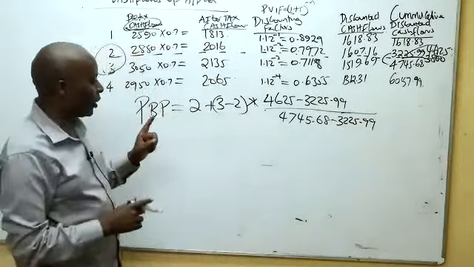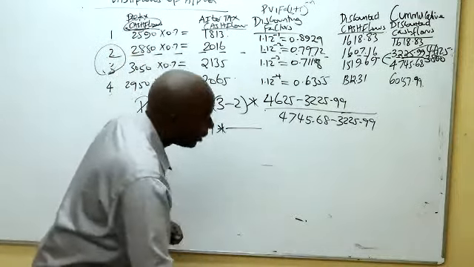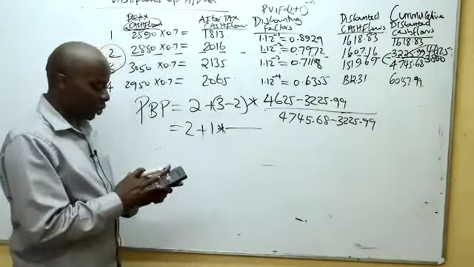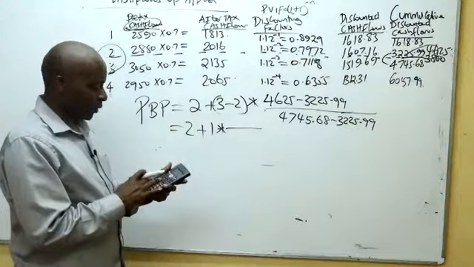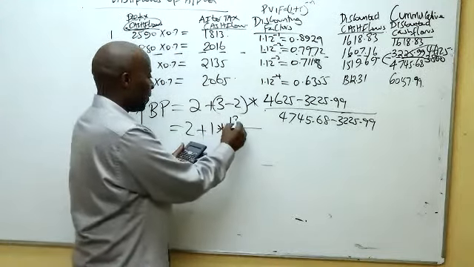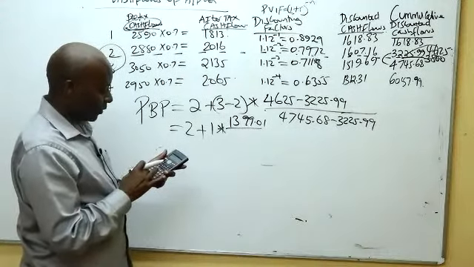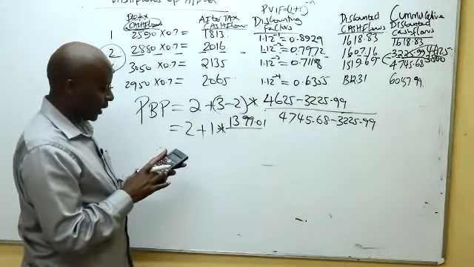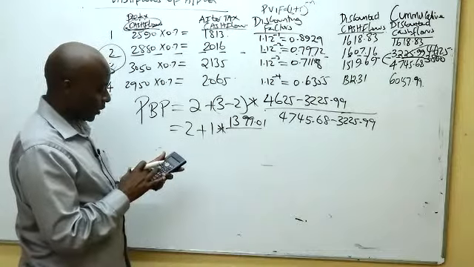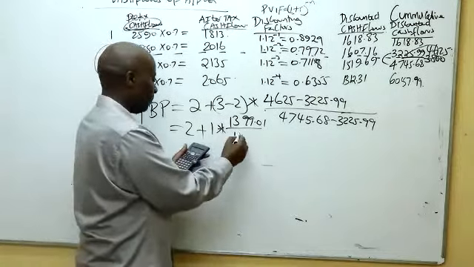3 minus 2 gives me 1 there, times the upper limit. Upper limit, what do we have? We have 4625 minus 3225.99, which gives me 1399.01, all over 4745.68 minus 3225.99, which gives me 1519.69.